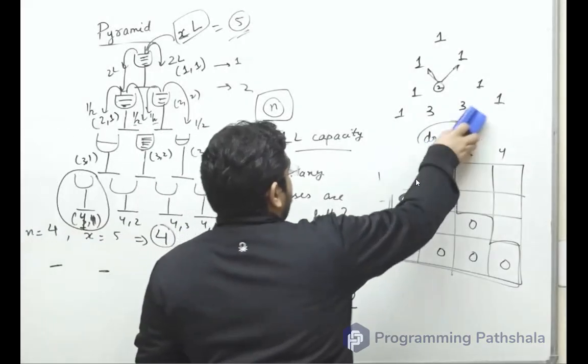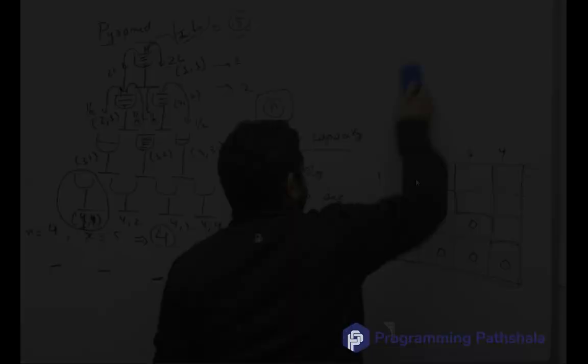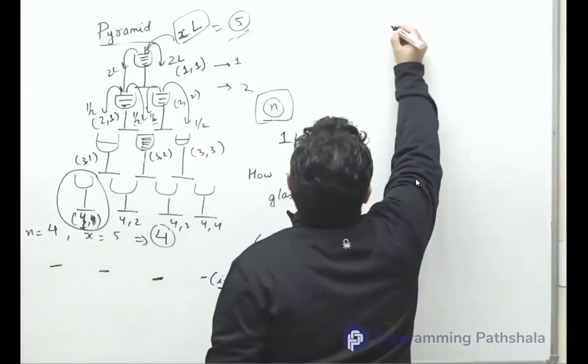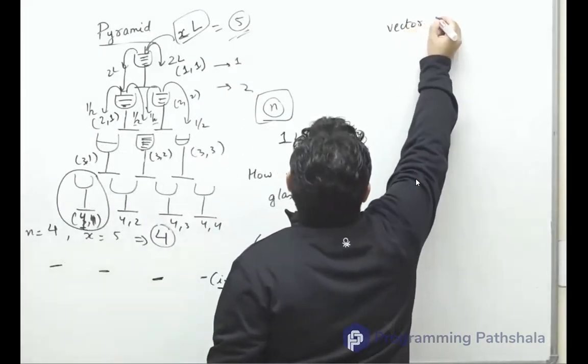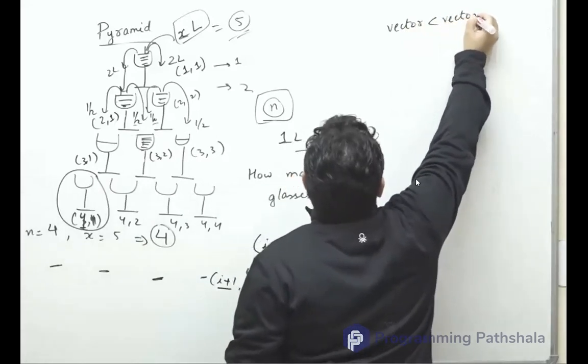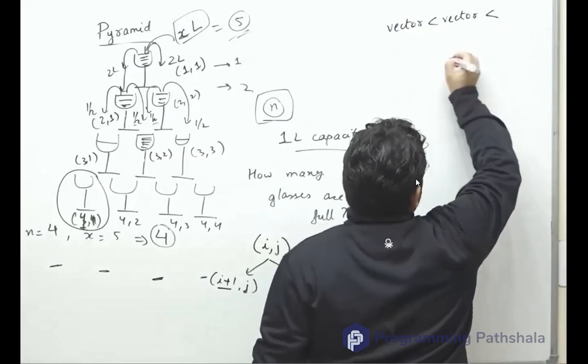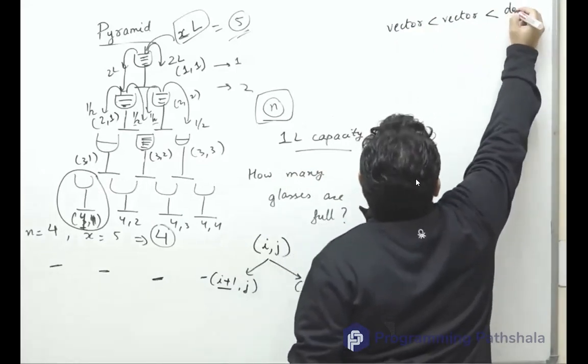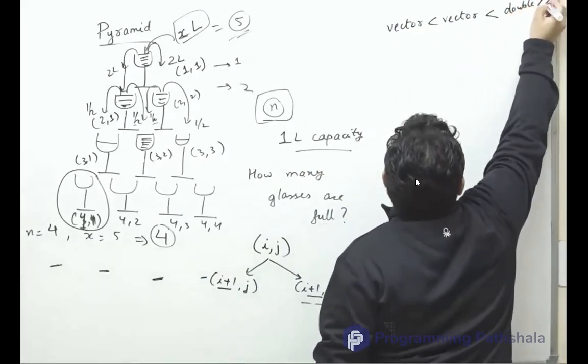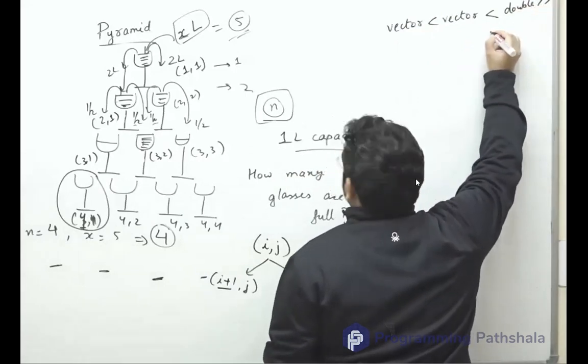Let's just try to code this one out. So I will say I have a vector of vectors, again, list of lists if you are in Java, or a normal list of lists that you can create in Python. Your glasses.